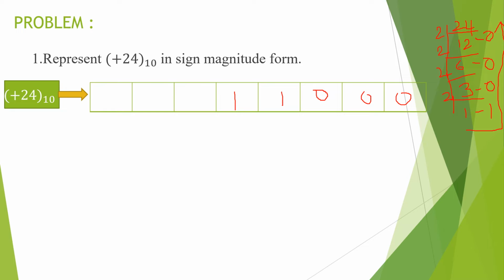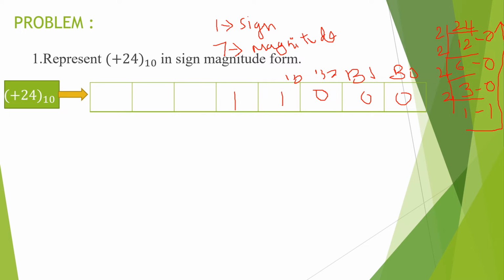Here I have taken an 8 bit format. In the 8 bit format, 1 bit tells you the sign bit and the remaining 7 bits represent the magnitude bits, from B0 to B6.